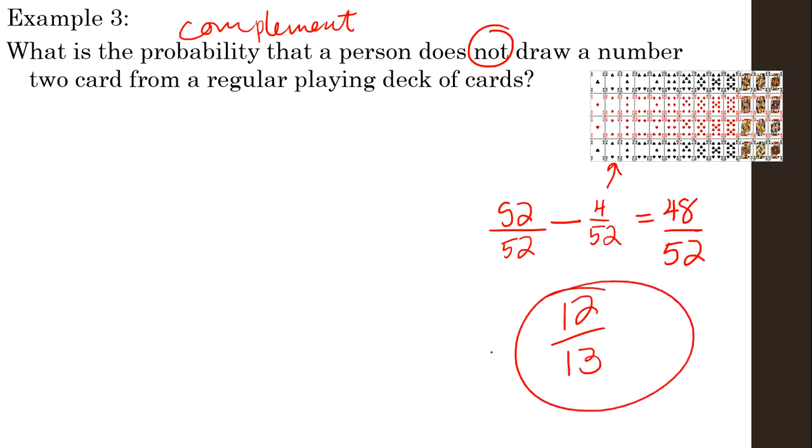But the point is that sometimes it's easier to just subtract than to try to count all of the cards other than twos, because that would have been ridiculous to count all 48 of those cards. So when you see the words does not, there's probably going to be some sort of subtraction. That's what complement means. So that was an example of the complement.